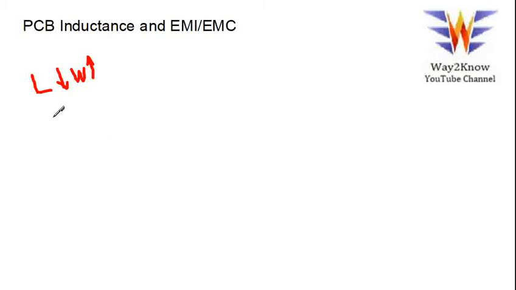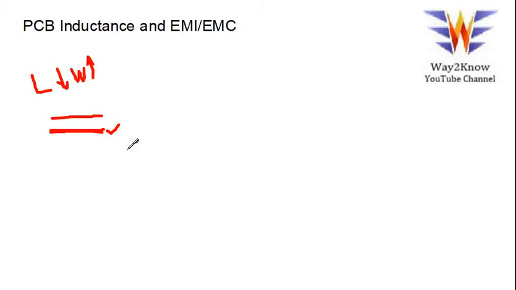That means, for example, let us take a trace. So this is a trace of x length, and then this is another trace which is a little thicker, right? So this particular trace will have a lesser inductance than the thinner trace.